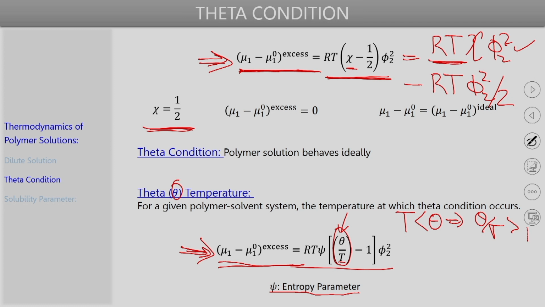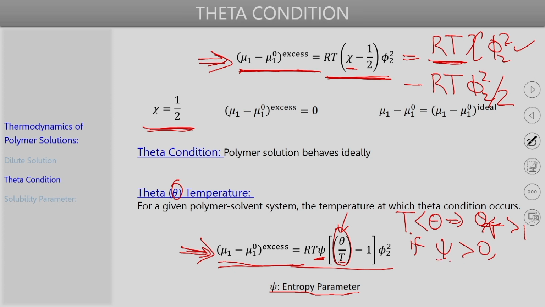Then, depending on the sign of this entropy parameter, let us also consider psi greater than 0, which means it is positive. For such a case, the excess chemical potential difference will come out to be positive, which will not favor mixing. So, if the entropy parameter is positive and we are below the theta temperature, the lower the temperature is compared to the theta temperature, the less favorable the mixing will be.